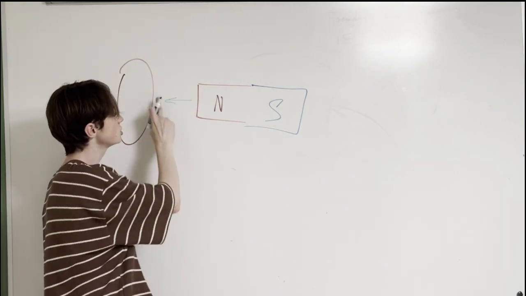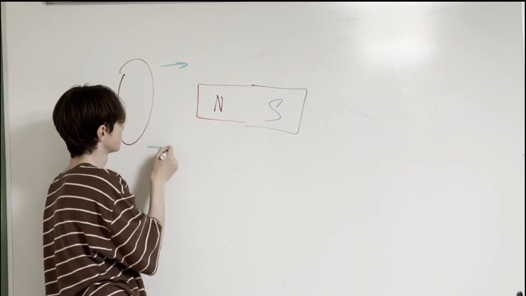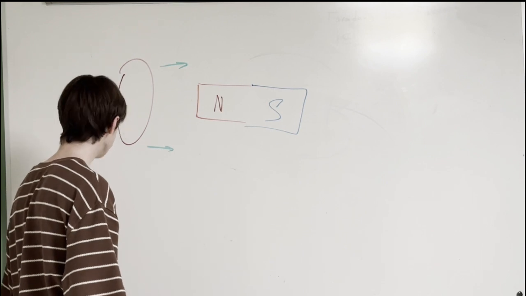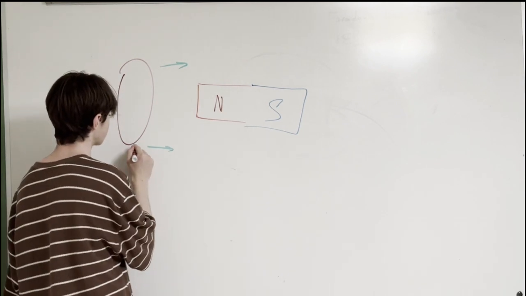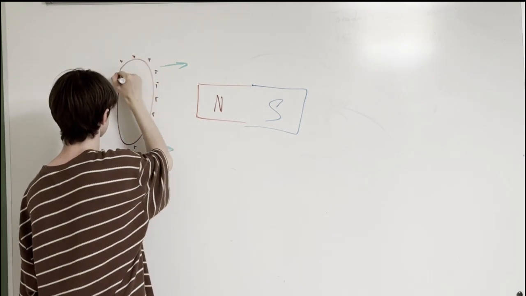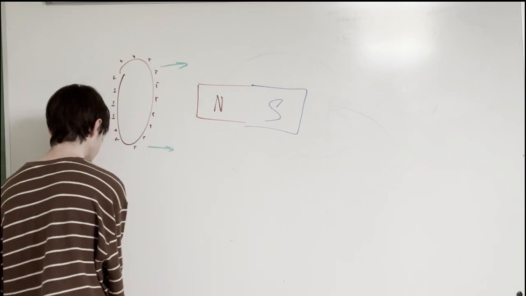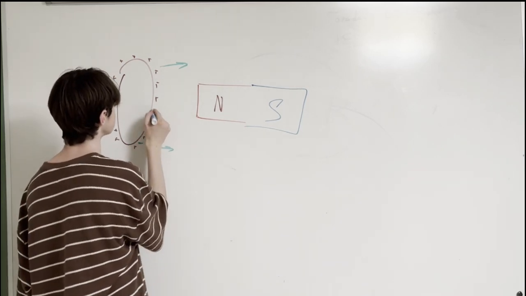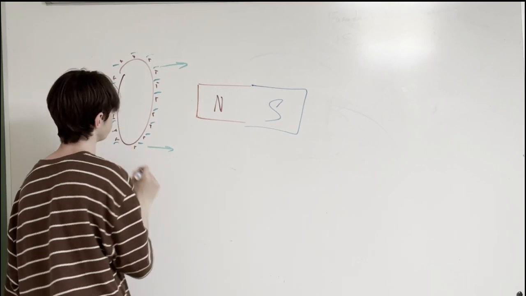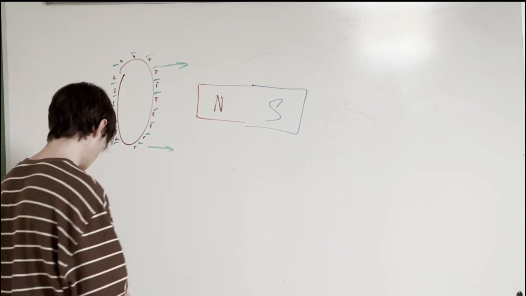This instead could actually just be thought of as the loop is moving towards the magnet, because motion's relative. And if we imagine that this loop contains a bunch of positive charges and a bunch of negative charges, then suddenly we have a bunch of charges moving in this magnetic field.